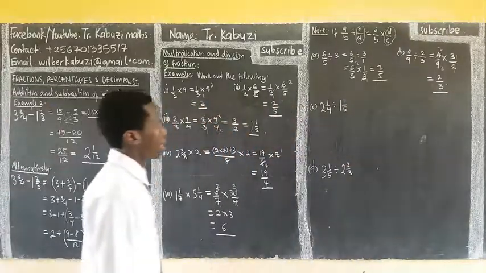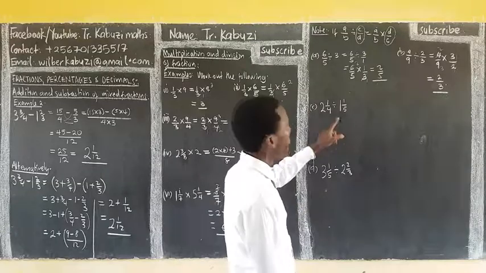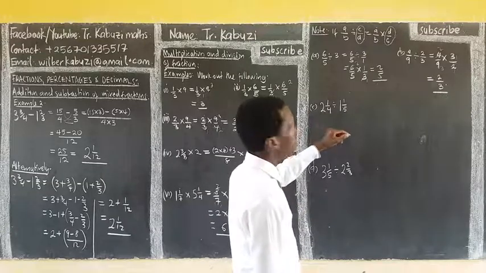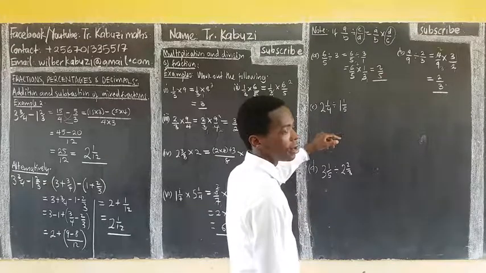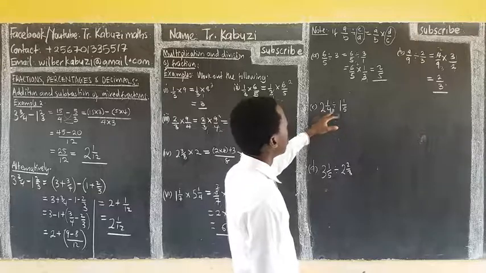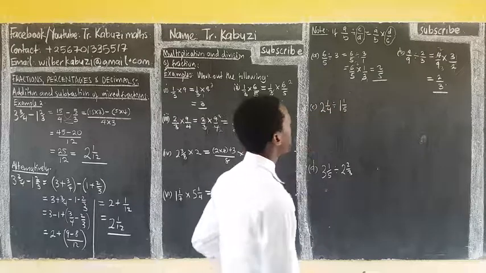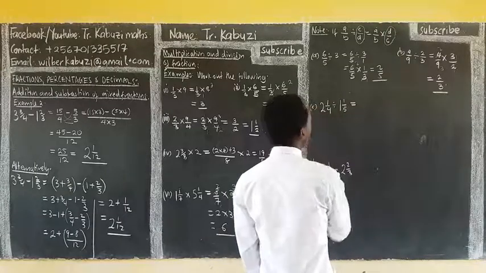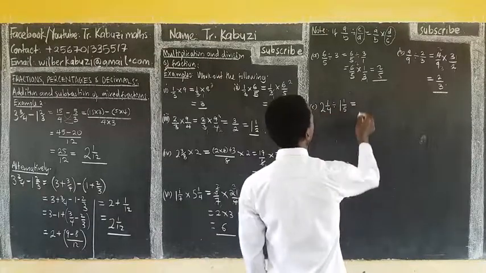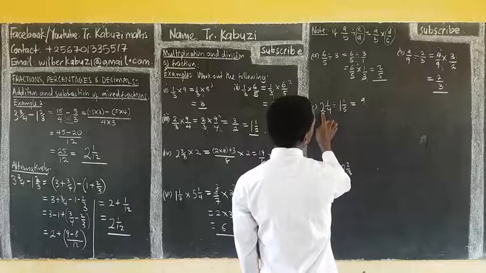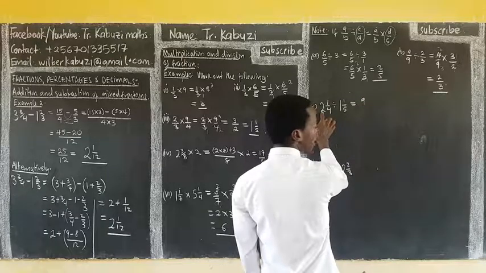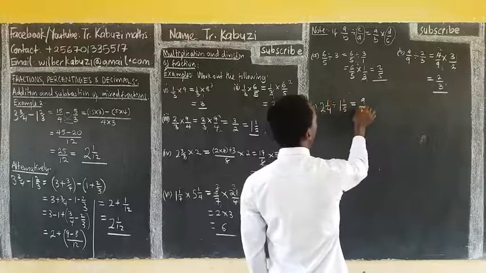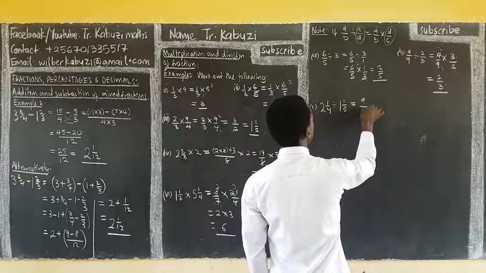Okay, now we come to this. This is the improper. What do we do first? From mixed to improper. So this will be now 4 times 2 plus 1 over the denominator, which is 4.